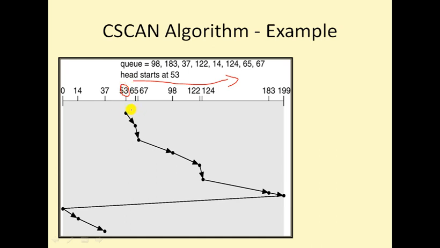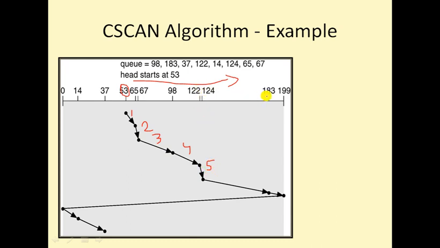So this is my first move, from 53 to 65. From 65 to 67 is the second move of the head. From 67 to 98 is the third move. 98 to 122 is the fourth move, and 122 to 124 is the fifth move.